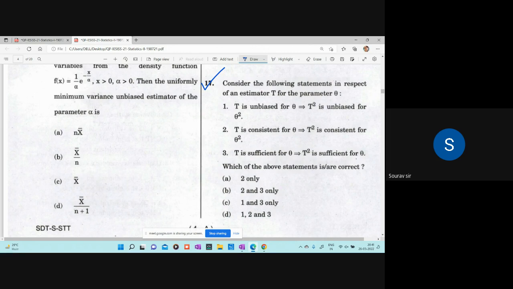Okay, let's check one by one. If t is an unbiased estimator of theta, can t square be an unbiased estimator of theta square? What do you think, yes or no?